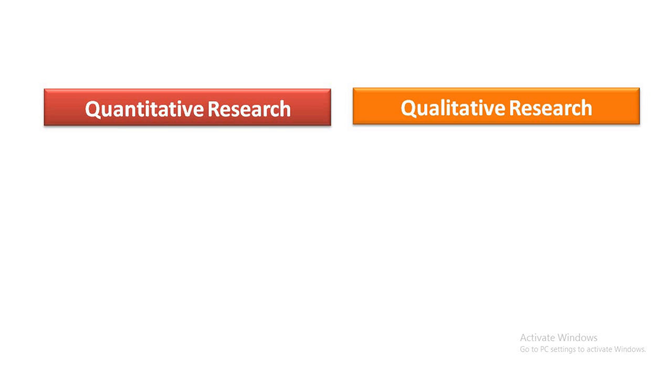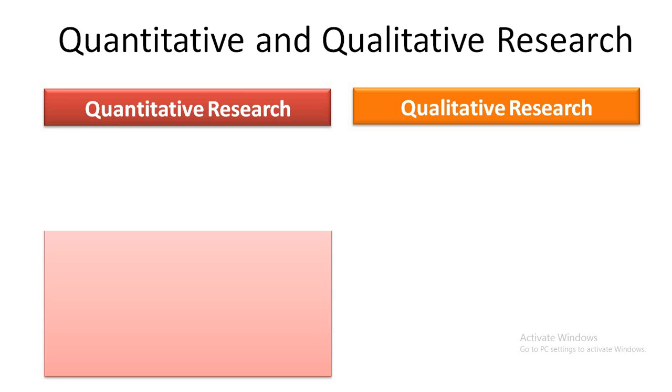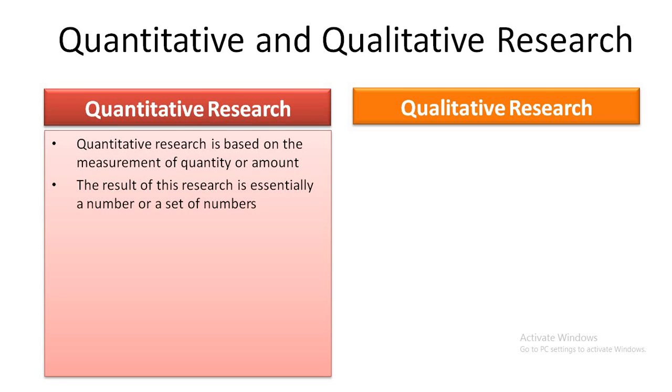Here are the basic differences between these two research types, that is quantitative research and qualitative research. First of all, we will discuss what is quantitative research. Quantitative research is based on the measurement of quantity or amount. The result of this research is essentially a number or a set of numbers.